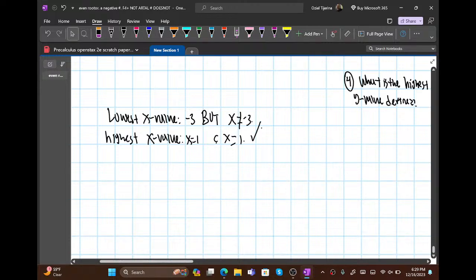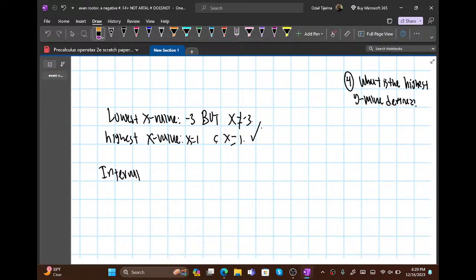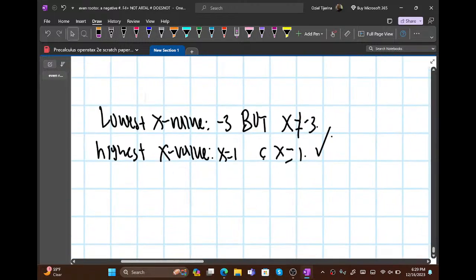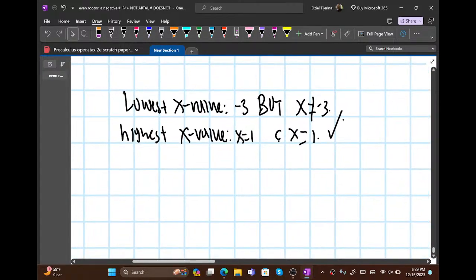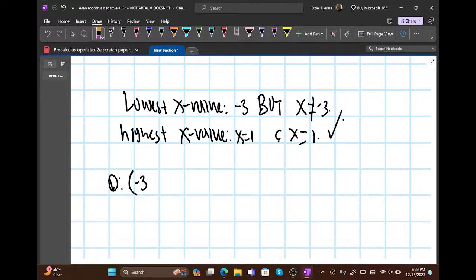So we know that the domain, which is automatically stated in interval notation, is going to be parentheses -3 to 1 bracket.